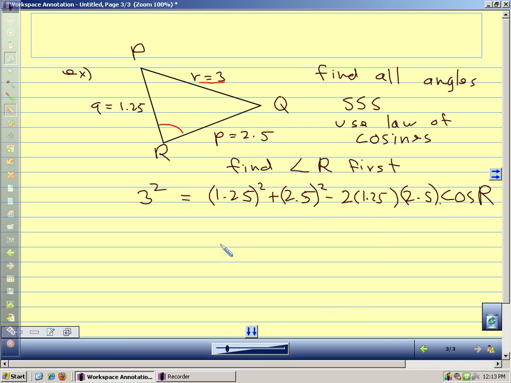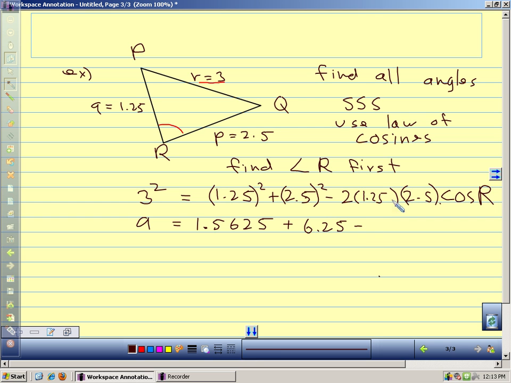Now I'm going to start squaring things. I get 9 equals 1.25 squared is 1.5625. Notice I'm keeping 4 decimal places, so my answer is accurate. Plus 2.5 squared is 6.25.